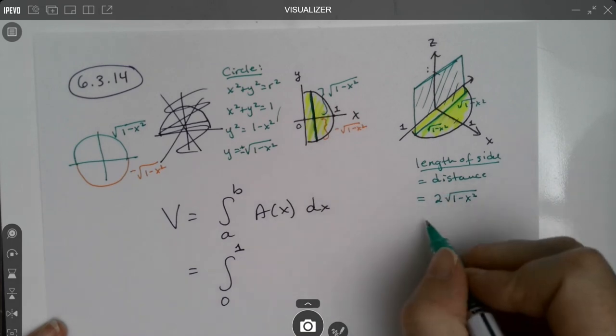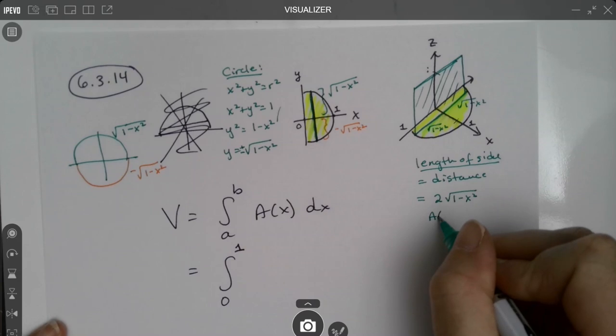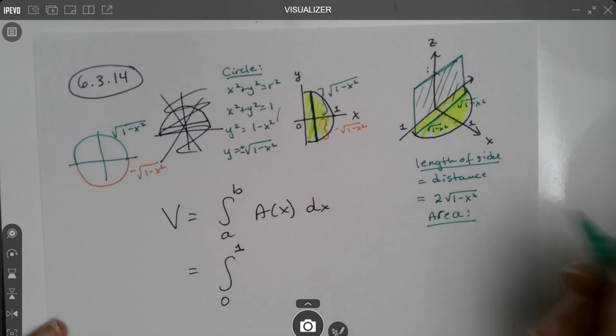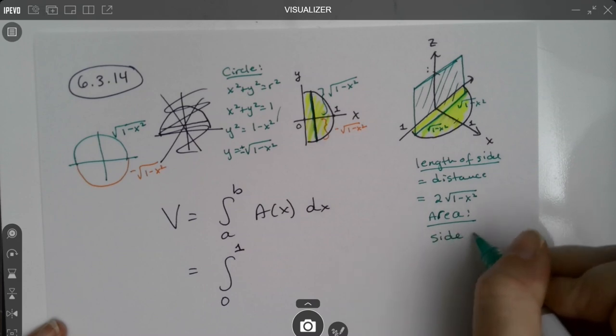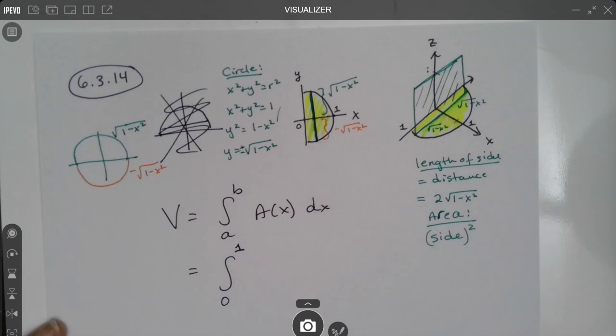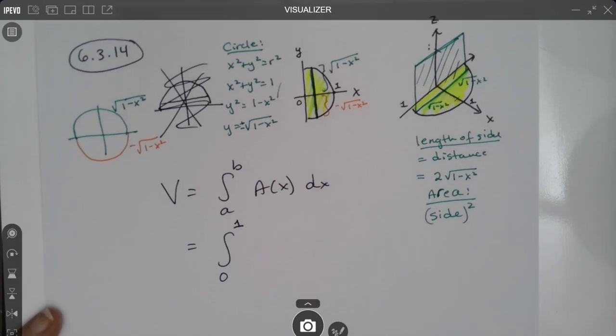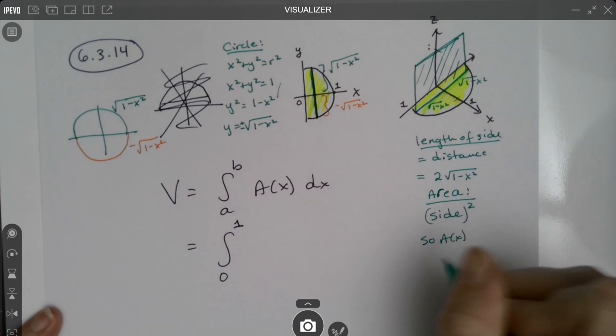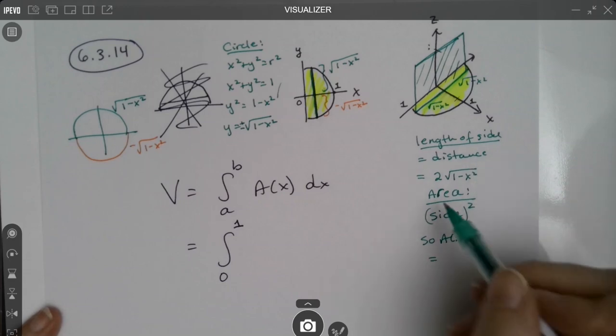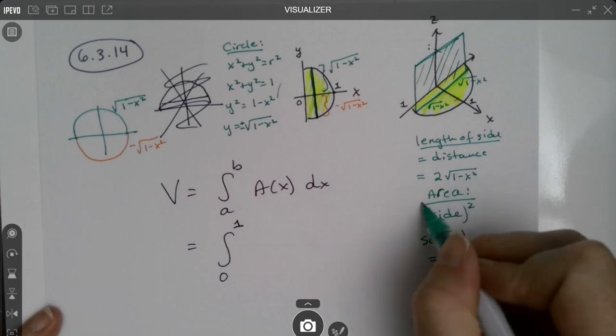All right, well then what's the area then? Well, the area of a square is side squared. We learned that in geometry class, right, a long time ago. So that means that our A of x has to be equal to, just make sure that this is clear.